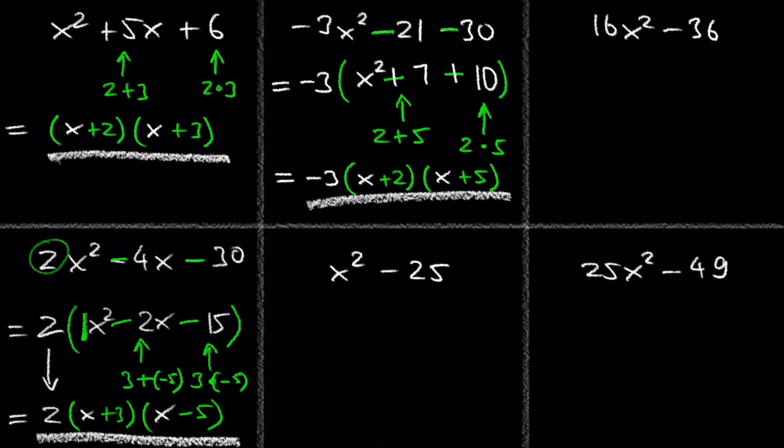What we're going to do here is to replace x squared minus 25 with the product of 2 parentheses.